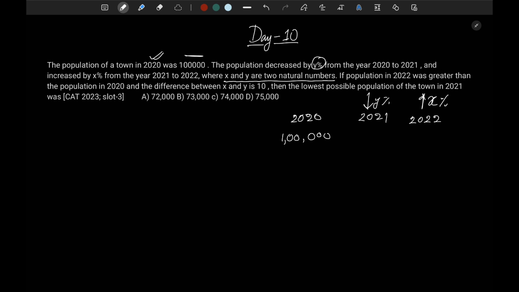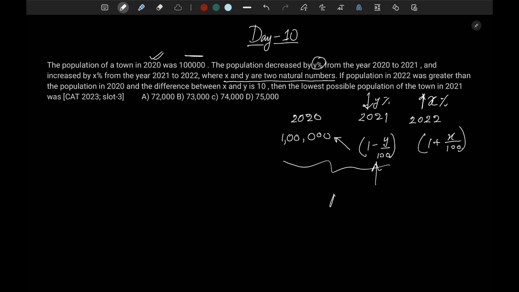Now, what will happen if it went down by y% in 2021? We will multiply this particular thing by 1 minus y by 100. And what will happen in 2022? This whole thing will get multiplied by 1 plus x by 100. I'm quickly showing you why this multiplication works.